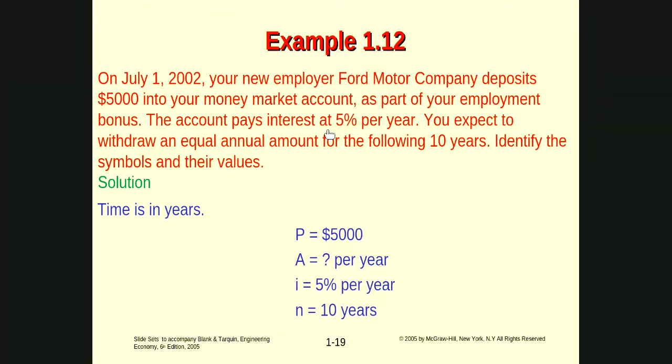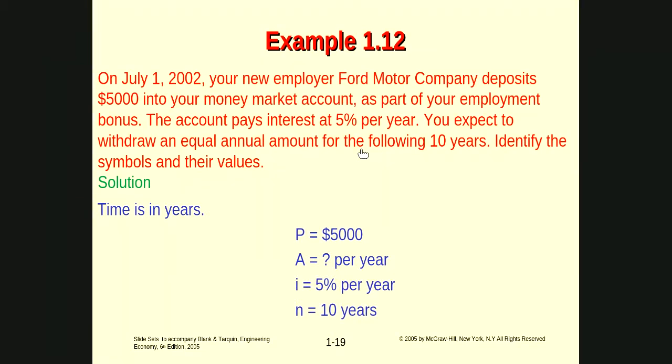You expect to withdraw an equal annual amount for the following 10 years. Identify the symbols. What is this saying? Okay, they deposit, meaning deposited. How much? 5,000. When it says deposit, it didn't say that it's going to deposit in the future. It already said it's depositing now. So the 5,000 deposited now is considered to be the present.